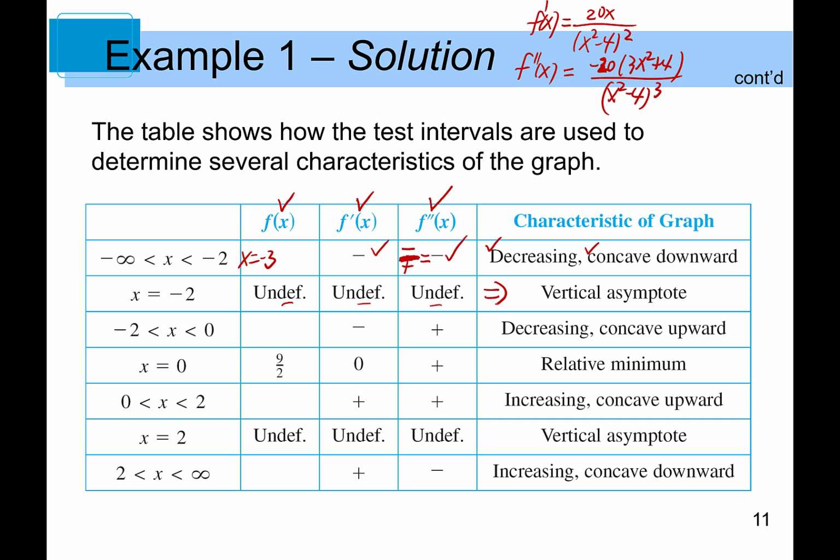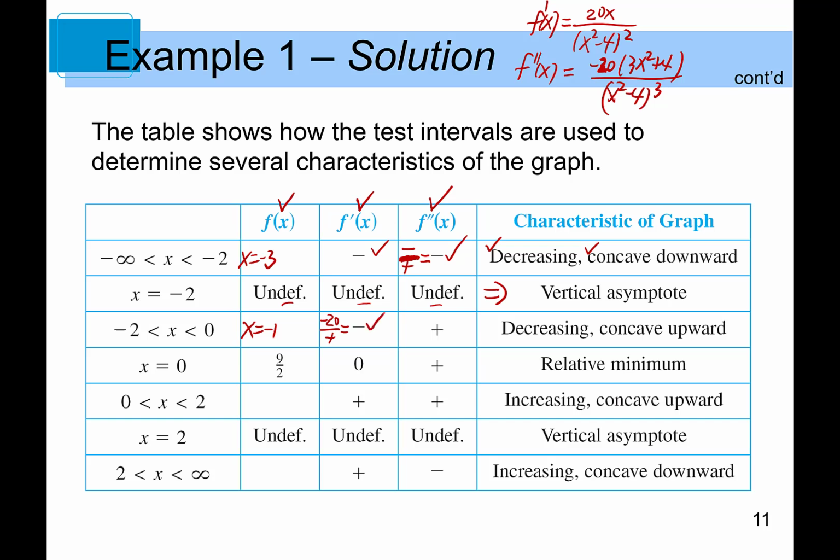The good thing is this is our vertical asymptote. And let's take a look at the second interval from -2 to 0. So you're going to pick a test value, -1. As you can see, if you plug into the first derivative, the numerator will be -20. The denominator is always going to be positive. So -20 divided by a positive number is always going to be negative.